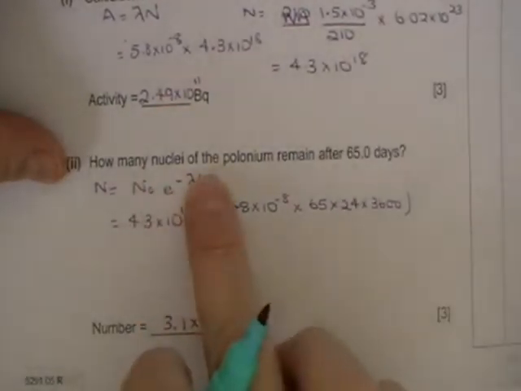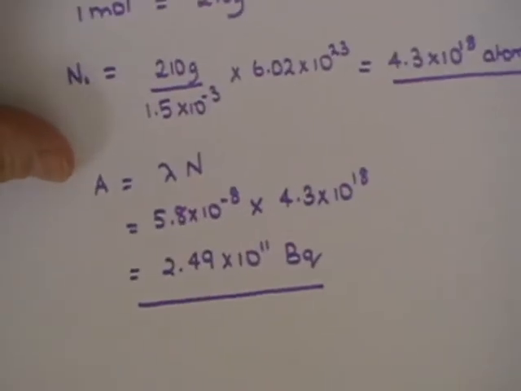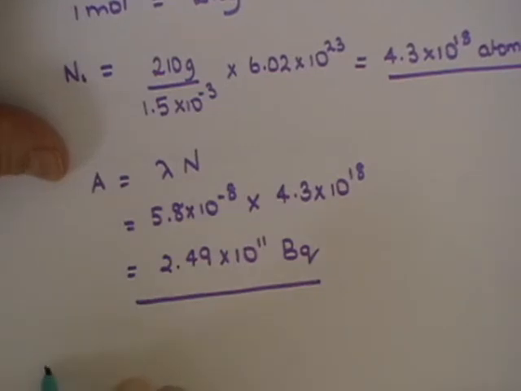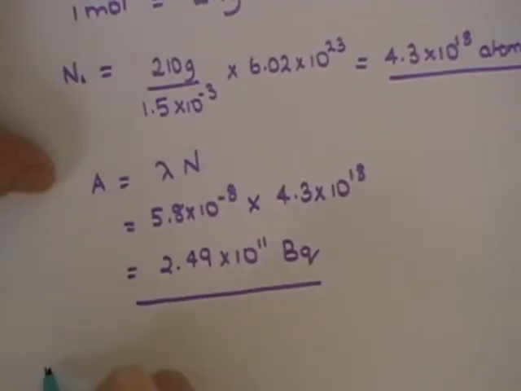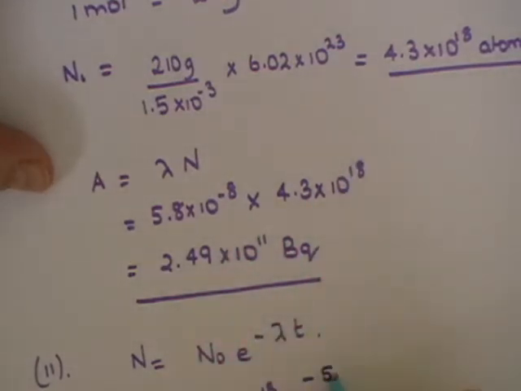Last question, how many nuclei of polonium remain after 65 days? So you're now going to use, this is part 2, N is equal to N naught e to the minus lambda T. We're looking for how many nuclei remain. We know the initial number is this number here, 4.3 by 10 to the 18. We know that lambda is 5.8 by 10 to the minus 8.